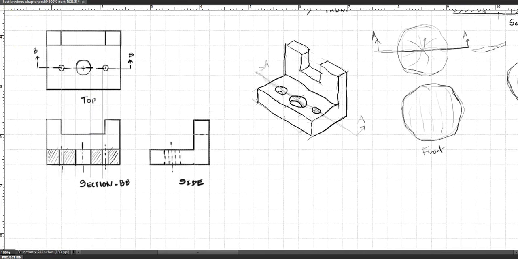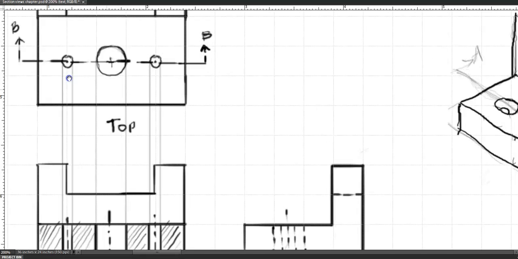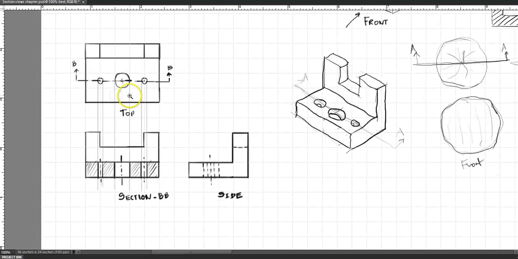It's really easy. As far as I have my top view, which is really easy to draw, all I do is project my edges all the way down and draw my front view.